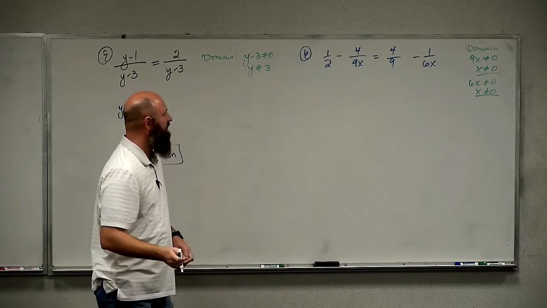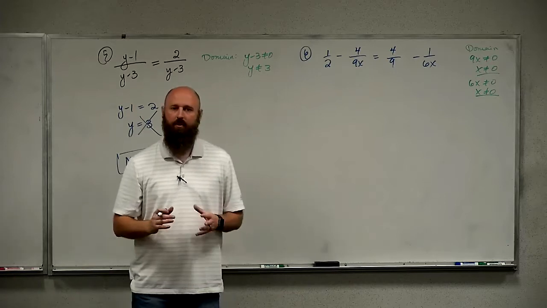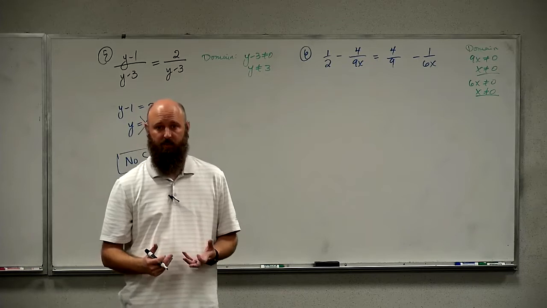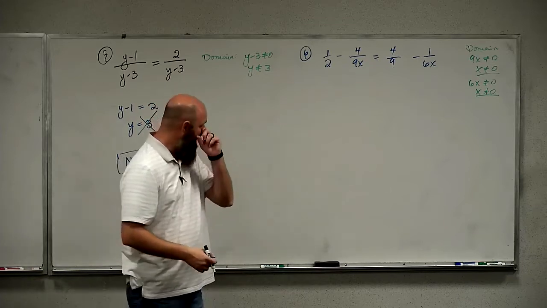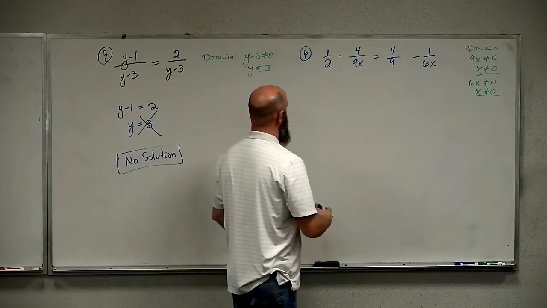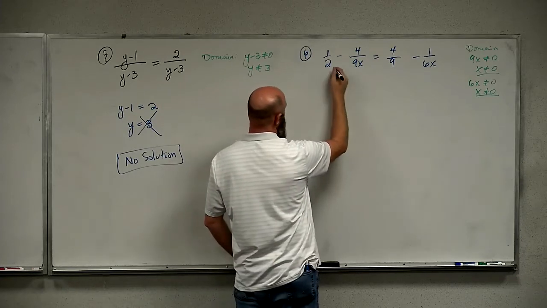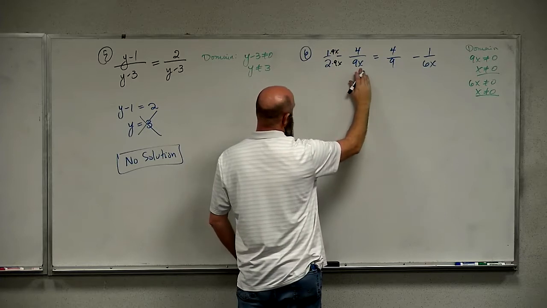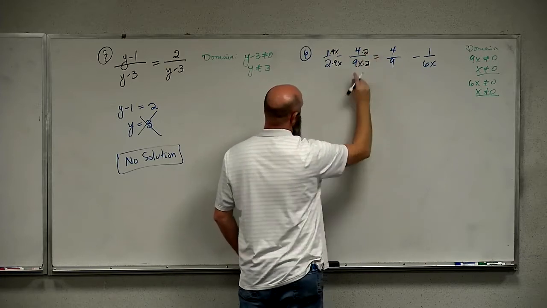All right, so now I need to get a common denominator. So the first number that 2, 9, and 6 all go into is 18. Okay, so I'm going to work with 18 and x. So to get to 18x, this one needs a 9x. To get to 18x here, this one needs a 2.